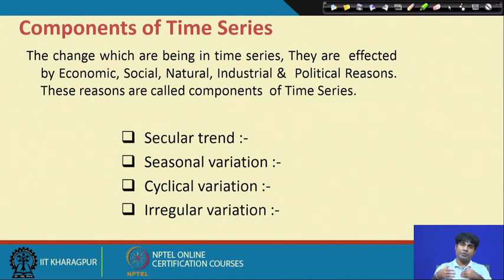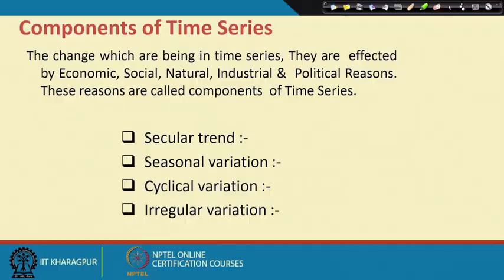That means when you are handling time series data, since it is a structure of day wise, week wise, monthly and yearly information, obviously there are lots of ups and downs, and there are specific reasons for these ups and downs.